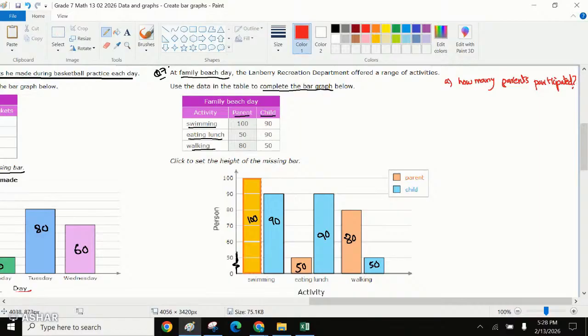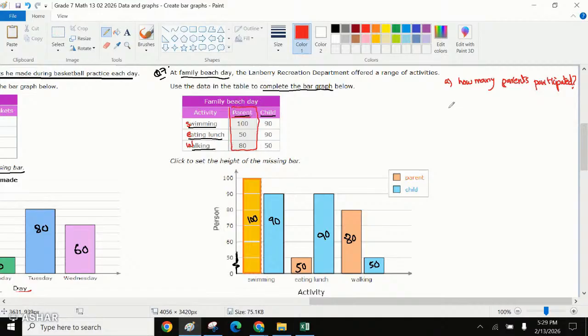If I'm saying how many parents participated, what I am not saying is whether it has to be swimming, it has to be eating, or it has to be walking. All I'm saying is how many parents were there who participated.